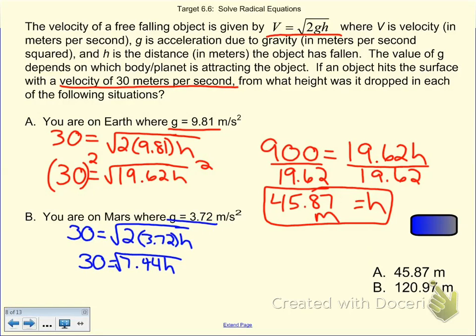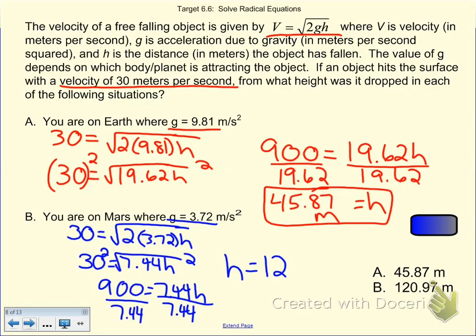How do you get rid of a square root? That's right, we square both sides. 30 squared is 900 equals 7.44h. Divide both sides by 7.44. And we get h to be 120.97, and again label it meters.